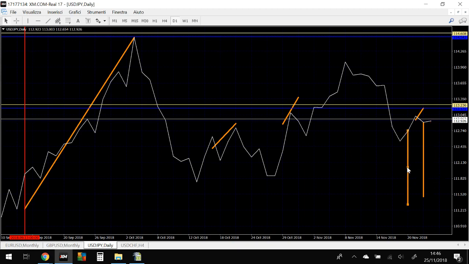So for less price movement, you can close your previous trades without any risk.